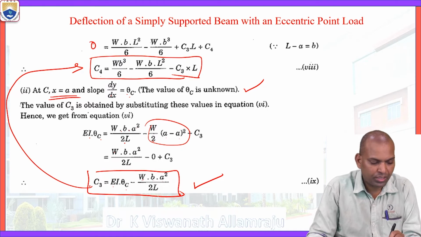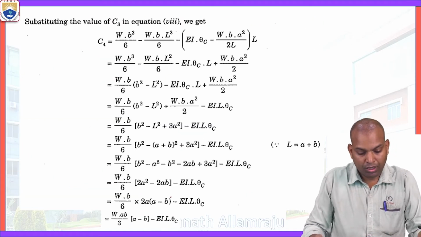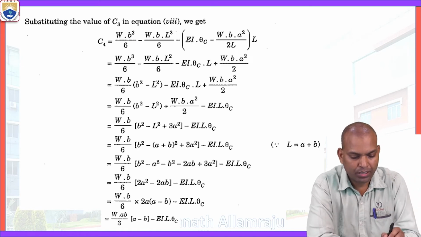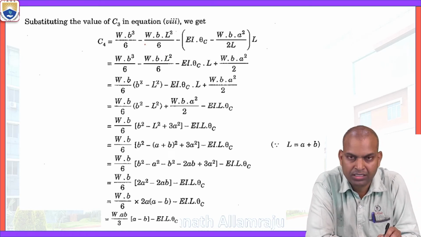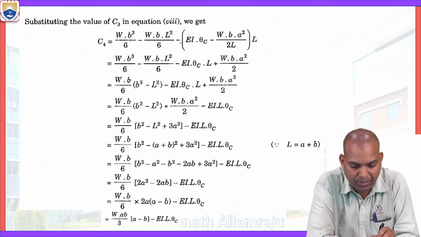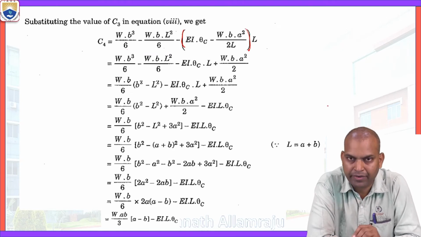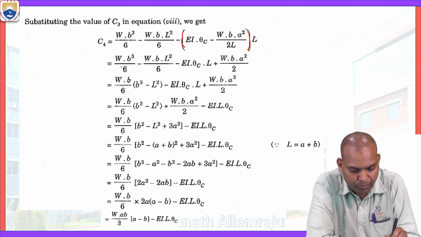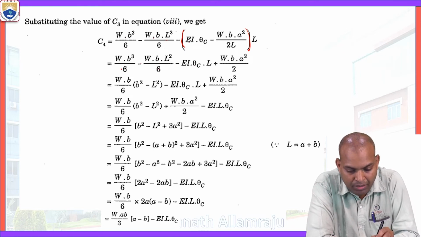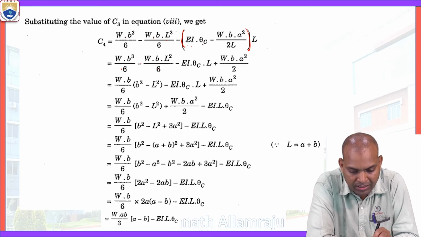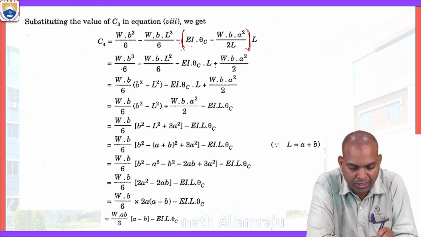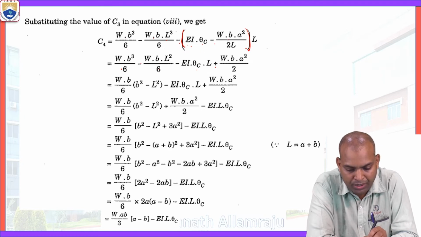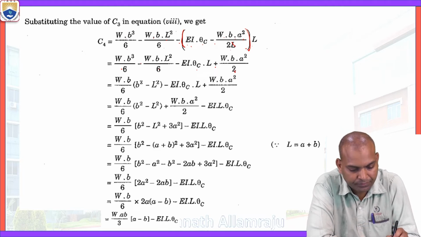Now c4 equals wb cube by 6 minus wb l square by 6 minus, with this c3 value, multiplied by l, EI theta c l, minus into minus plus, that is positive. The wb a square by l terms get cancelled, and it becomes wb a square by 2.